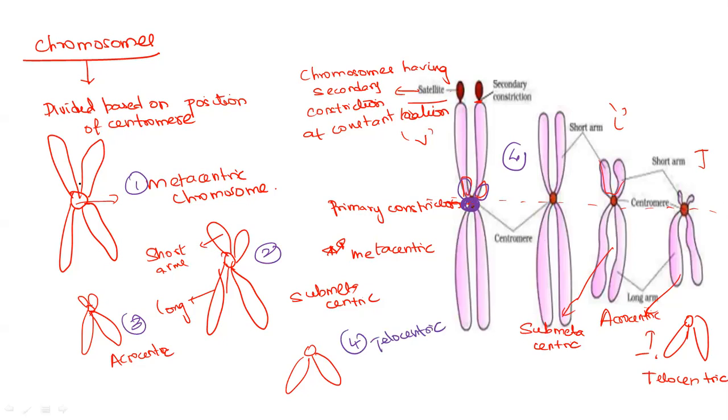In metacentric, the centromere is exactly in the center, and in submetacentric, it is a little bit away from the center. In acrocentric, it is very much away, so that the small arm is really, really small. And in telocentric, you can see that the centromere is in its terminal position. And the satellite, what you can see on chromosomes, is nothing but some of the chromosomes having secondary constrictions at a constant location, and it is called a satellite.